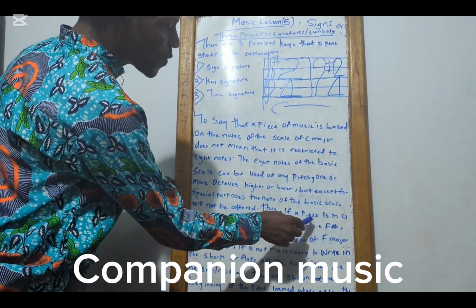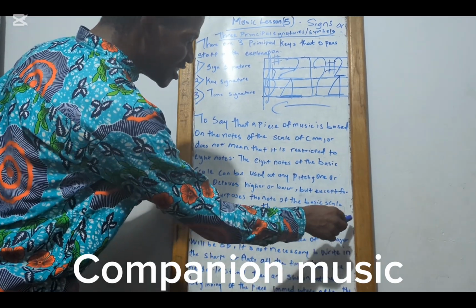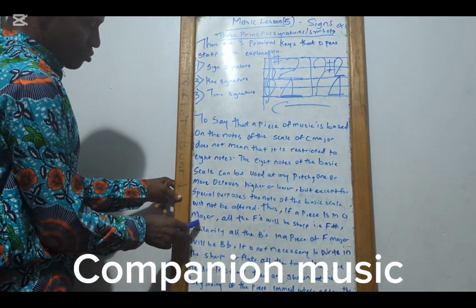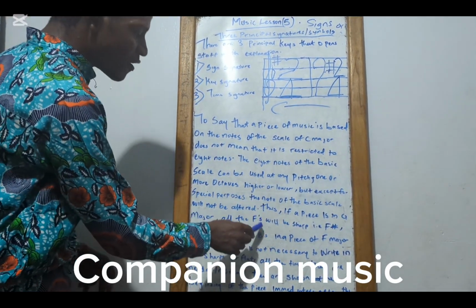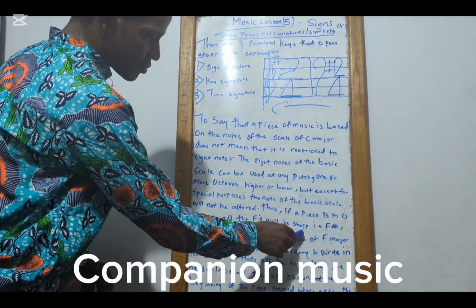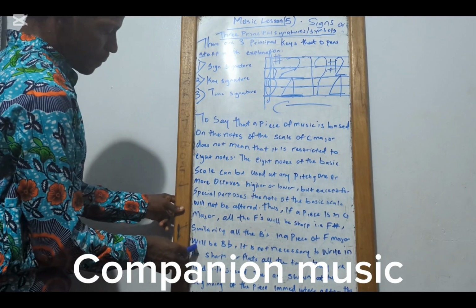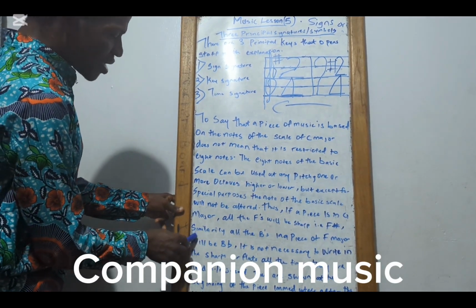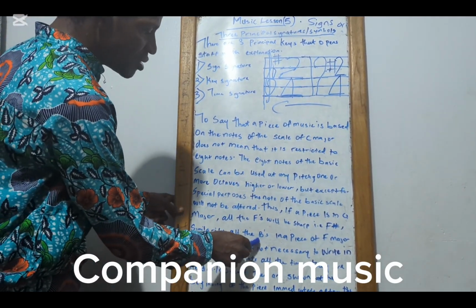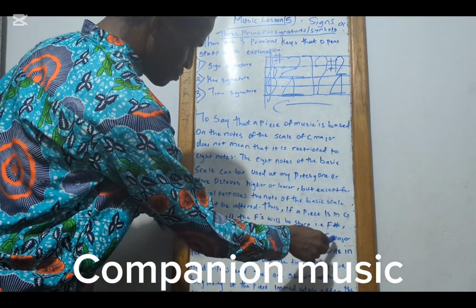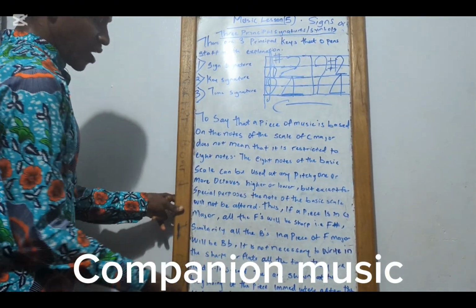Thus, if a piece is in G major, all the F's will be sharp, that is F sharp. Similarly, all the B's in a piece in F major will be flat.